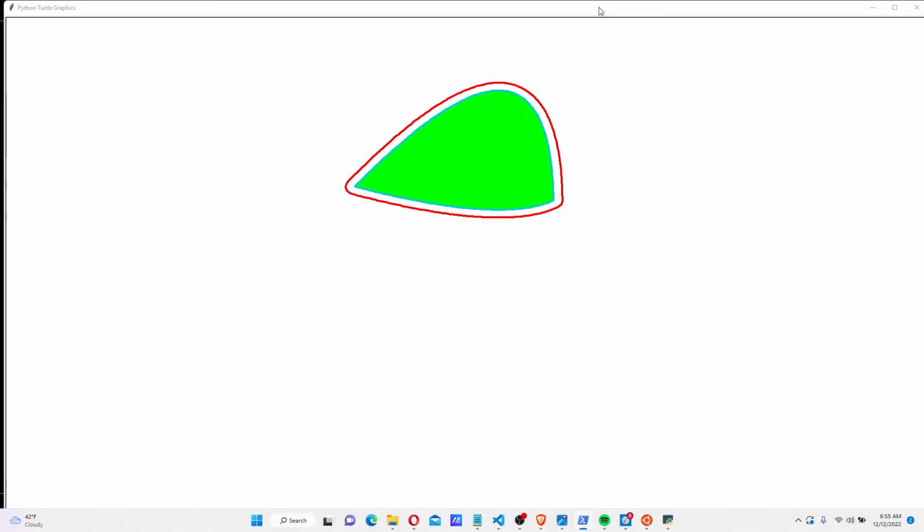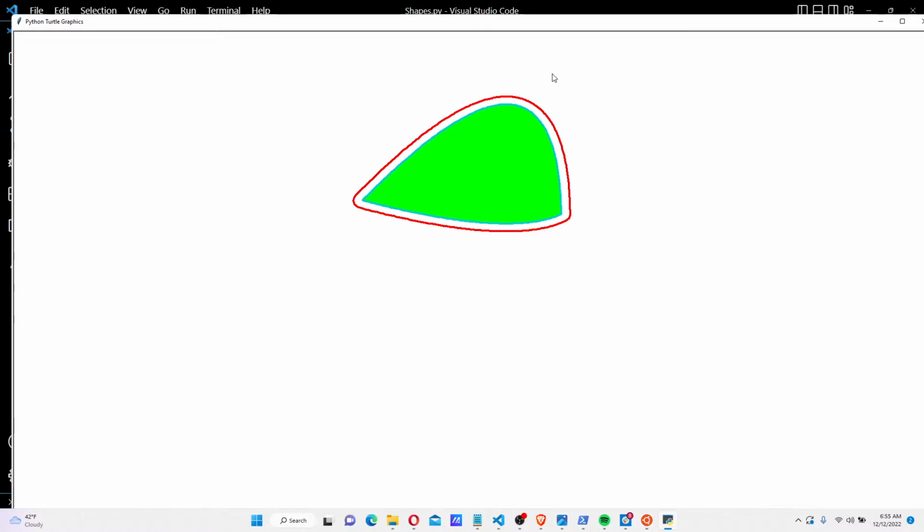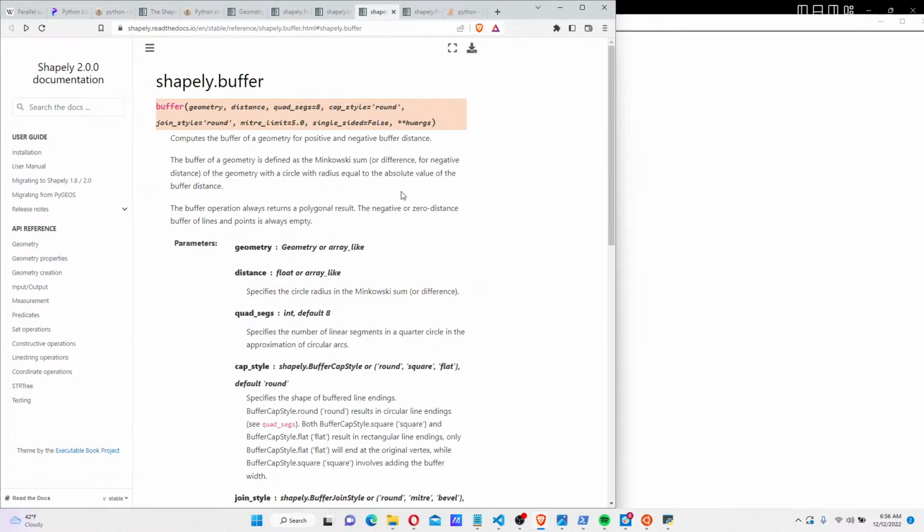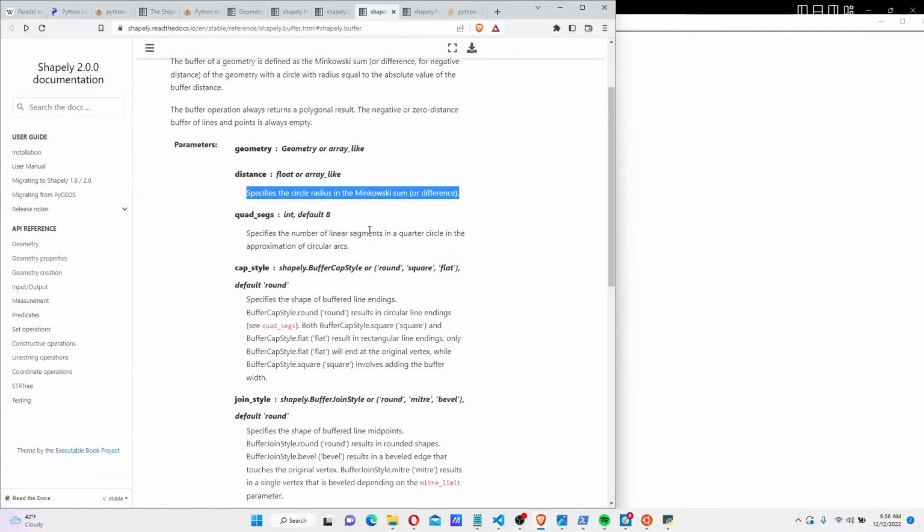Wonder if there's a way to make this with higher granularity, because this doesn't look like the best. Let's see. Dot buffer, distance, quad segs. Specifies the number of linear segments in a quarter circle.